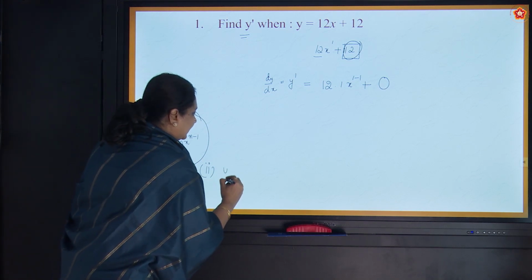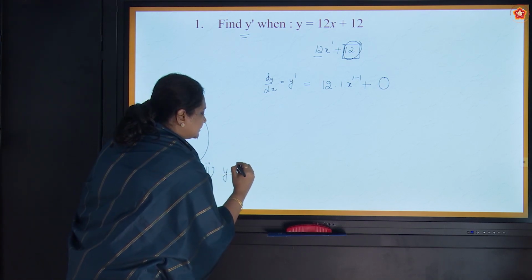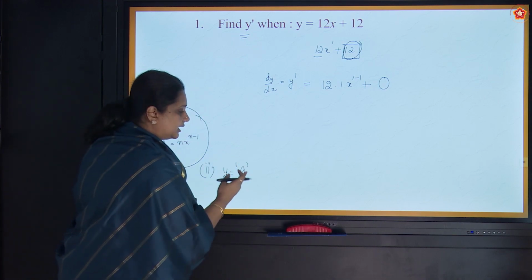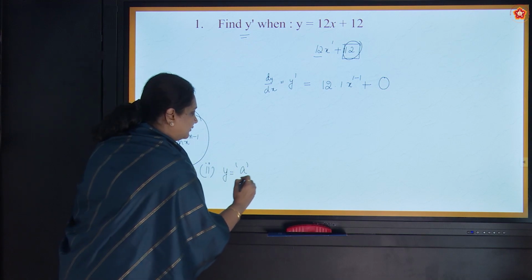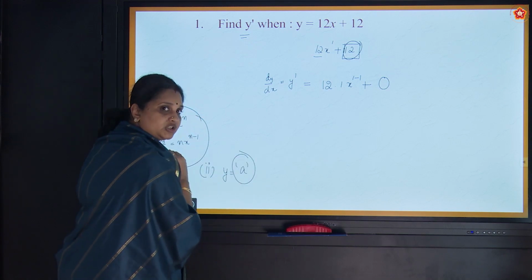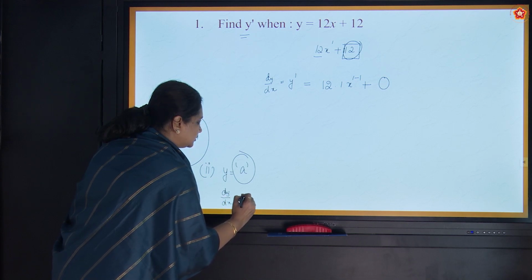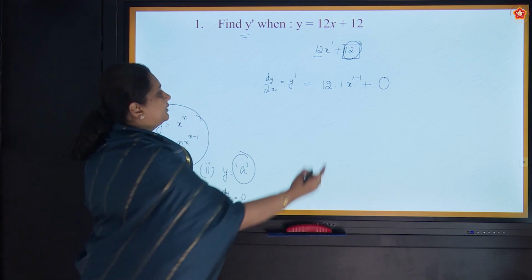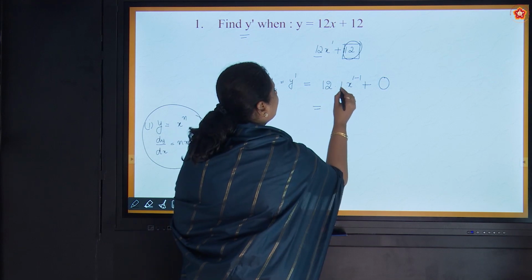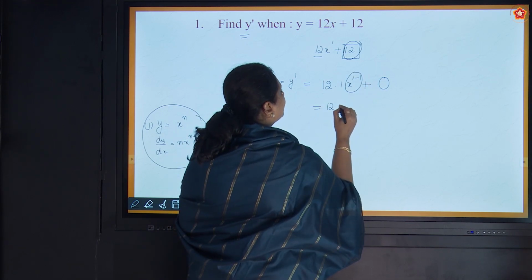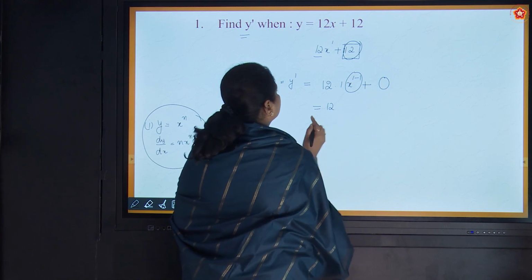So when your y is a constant, you can represent a constant by a, b, c, anything. So here I'm representing it by a. So whenever a function is a constant, its derivative is going to lead you to 0. So when I differentiate this, I have 12 into 1 is 12, x power 0, anything power 0 is 1, plus 0 is 0.